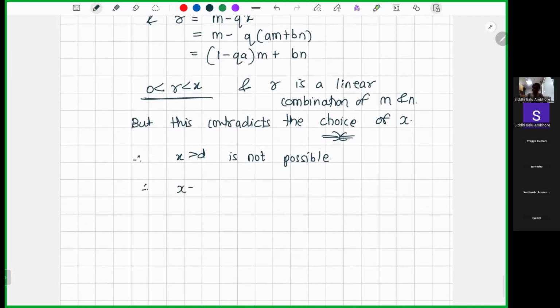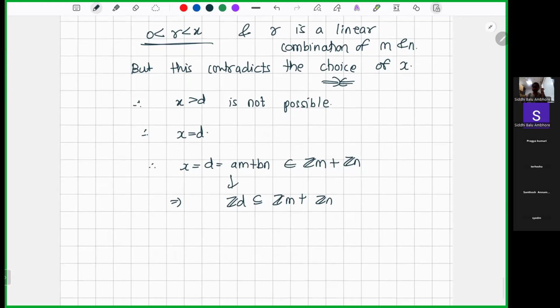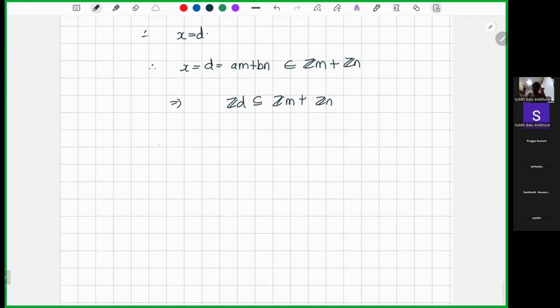Therefore, the only option left is x is equal to d, and therefore this x is equal to d is equal to am plus bn, and this belongs to my set Zm plus Zn. And the moment I have d, I have Zd belongs to Zm plus Zn. Is this clear? How this is giving me this? Because the moment I have this, since this is a subgroup, any cd belongs to Zm plus Zn, right?